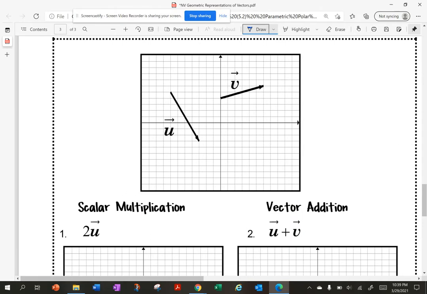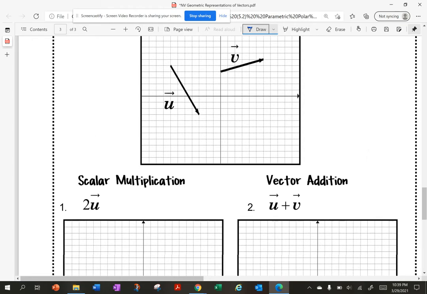The first one is asking to do a multiplication, 2 times vector u, and we're calling that scalar multiplication. So I'm taking a number and multiplying it times a vector, and my result is a vector. I want to break down each vector into the horizontal and the vertical components.